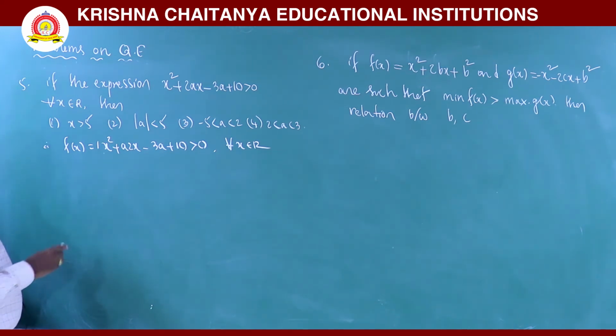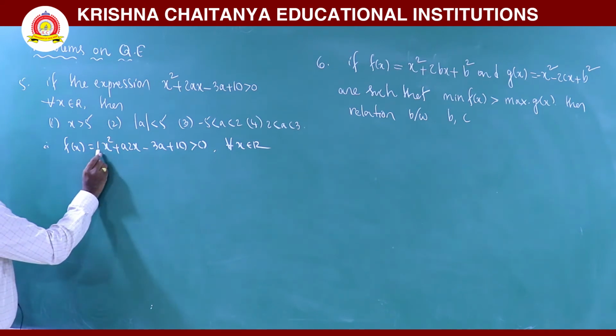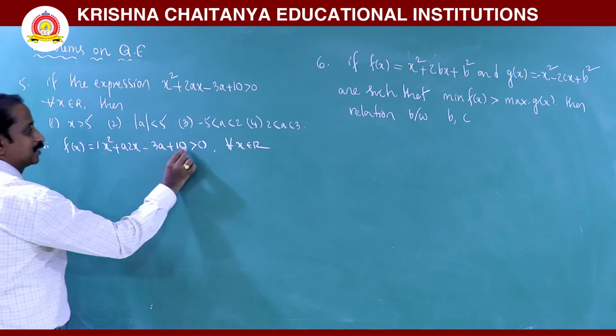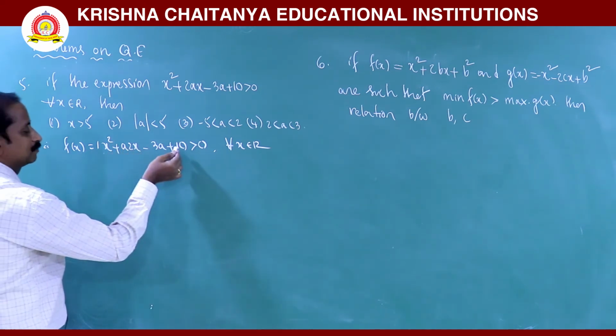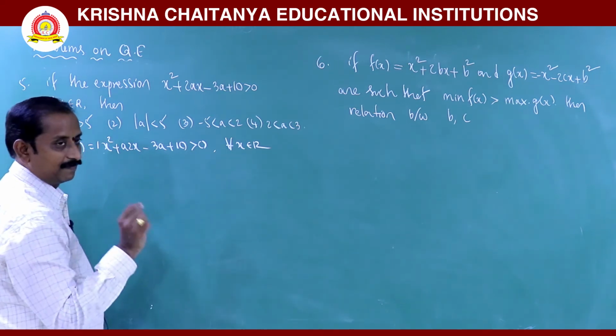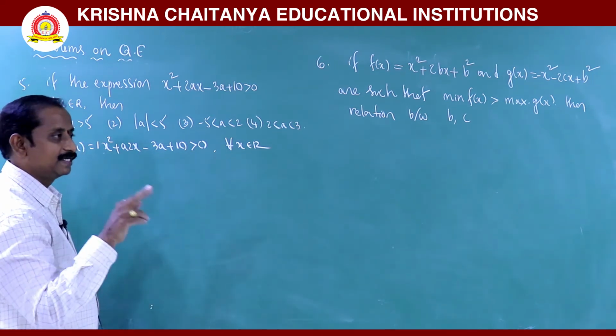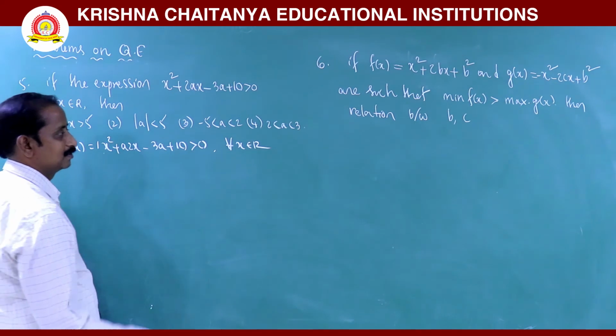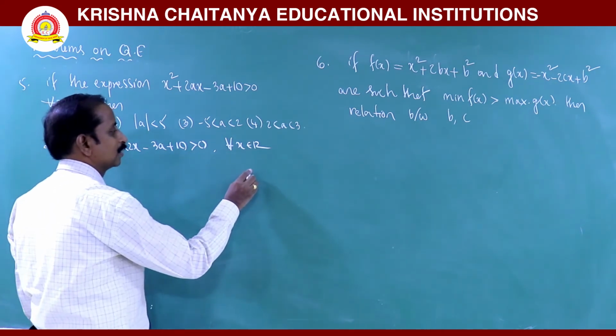What is that one basic? Leading coefficient means a, and the expression ax square plus bx plus c have the same sign for all x belongs to R. When it is possible, its discriminant is less than 0. I can explain again.